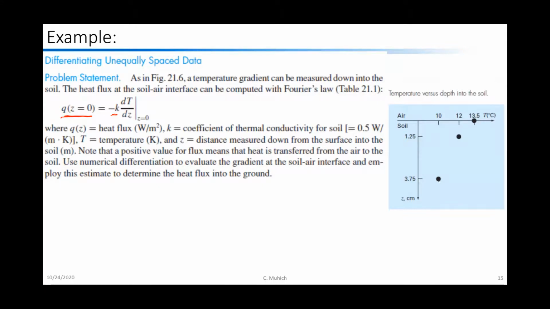So we can do that by taking data points down into the soil, measuring the temperature, because if I can find out what that dT/dz is, we can figure out what that heat flux is using the fact that my thermal conductivity is roughly 0.5 watts per meter Kelvin.